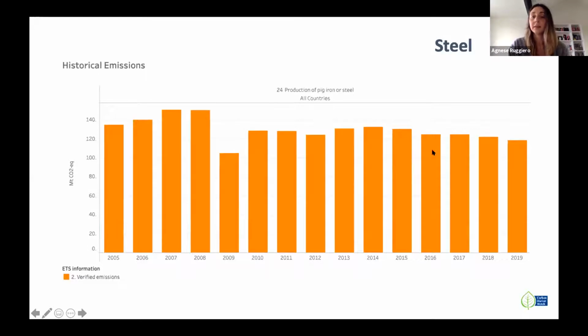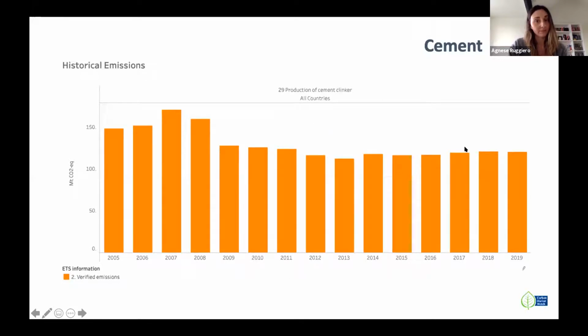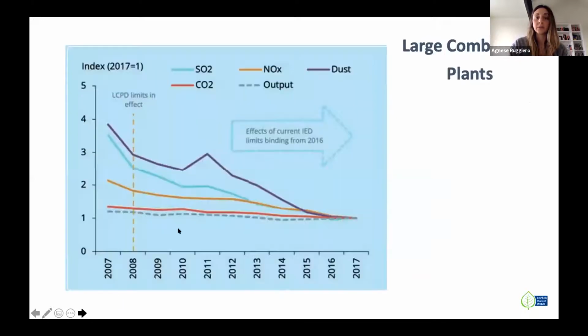And here again, since 2009, there was a reduction in output, then the emissions go back, and then from 2010, 2013, in the last 10 years, there is virtually no reduction. Same for cement as well, and a graph that was shared already by Christian here in his presentation, but here I'm showing you the level of CO2.